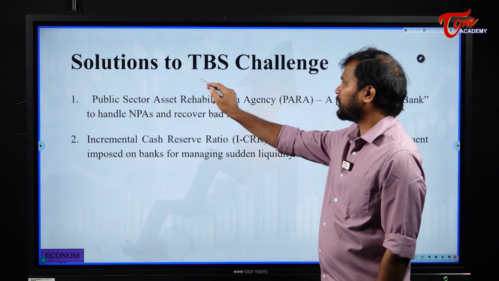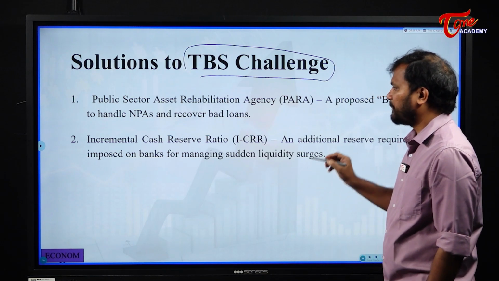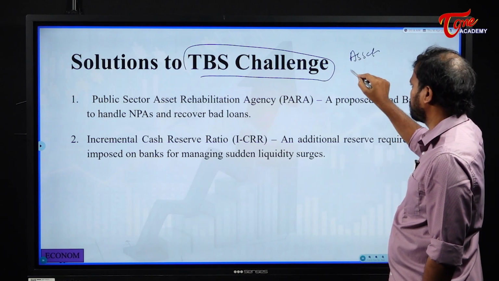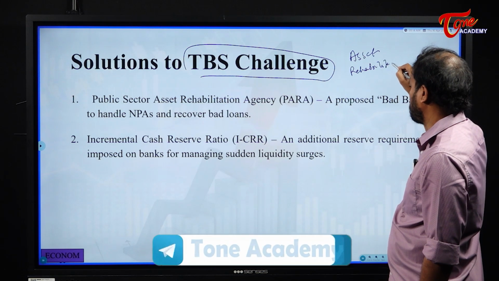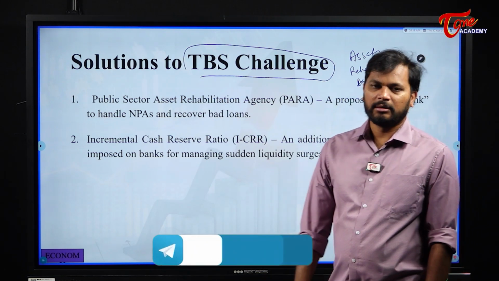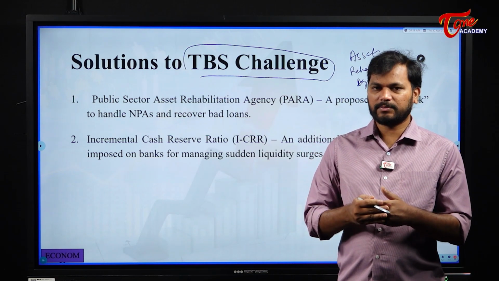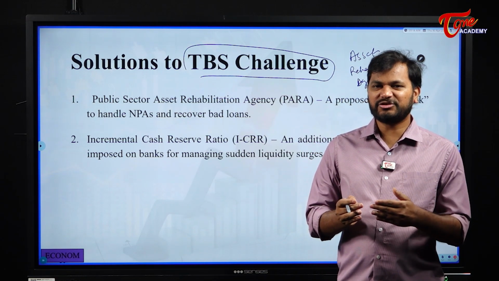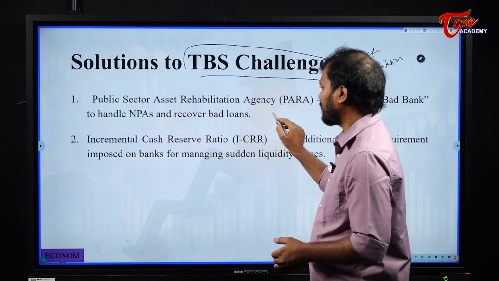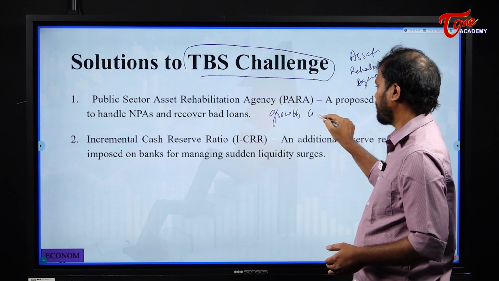Now, solution to the twin balance sheet challenge. First one is the public sector asset rehabilitation agency. It means that a company which is running into losses can be attached to a rehabilitation agency where at least the growth can be revived.